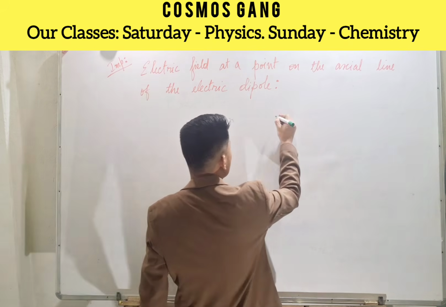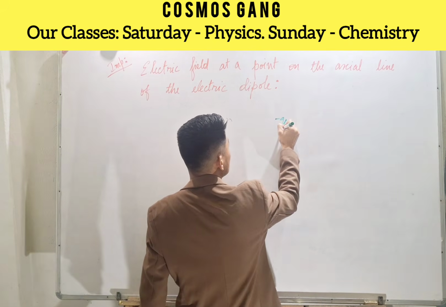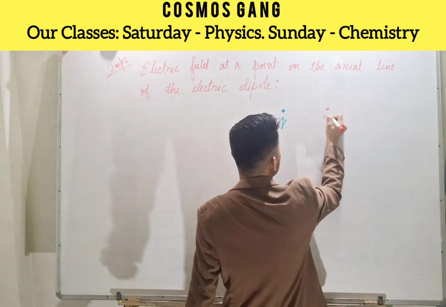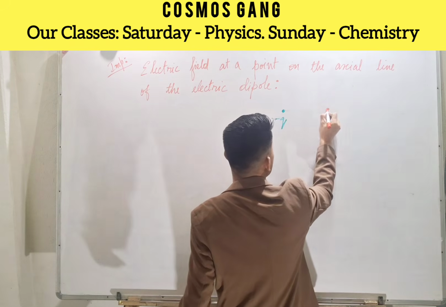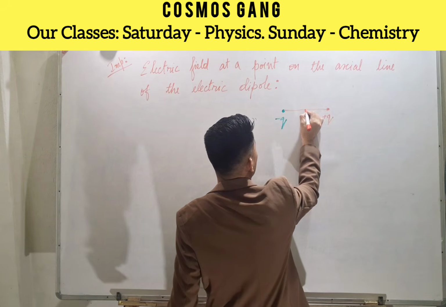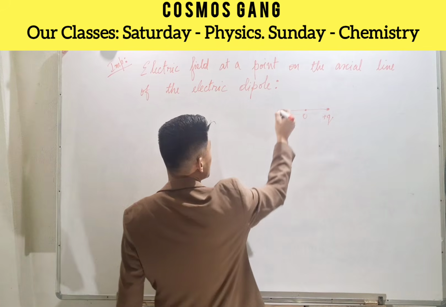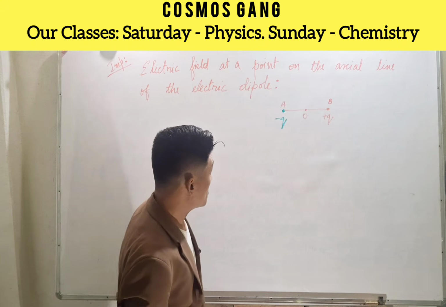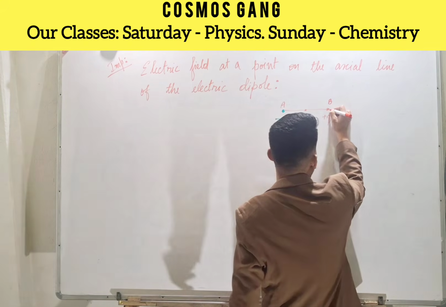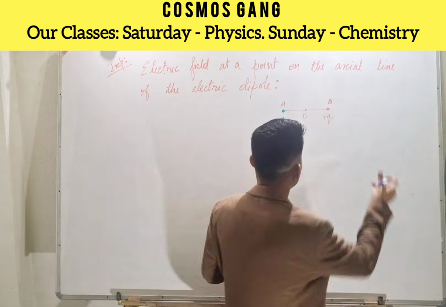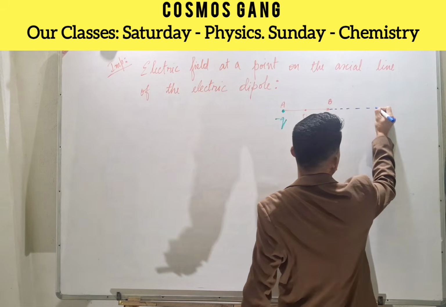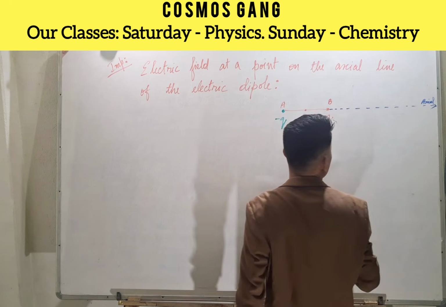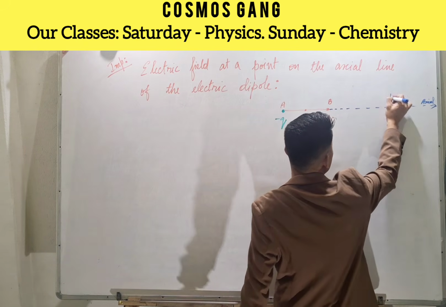Now consider two charges minus Q and plus Q forming a dipole here with center O. Let's say this point is A, this point is B. If I draw an axial line that goes along this, this is my axial line. I consider any point here.